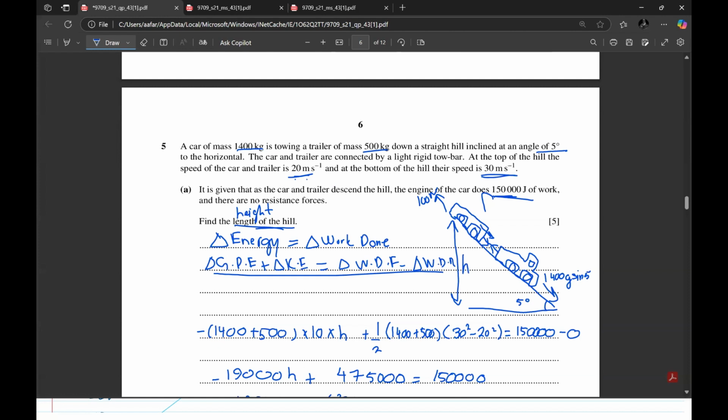Let's say they gave us the height, let's say it's 10, and then they tell us this distance x is, let's say, 200 meters. Now they ask us to find the driving force of the car. The resistance is 0, so minus 0. So the driving force will be force into 200, and over here we will just substitute h. So you understand?